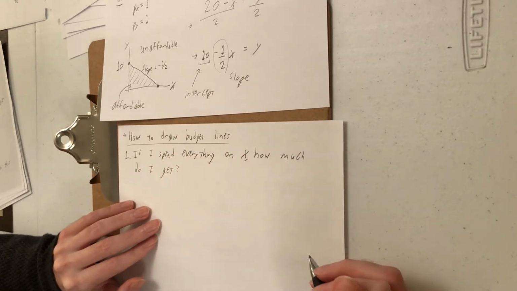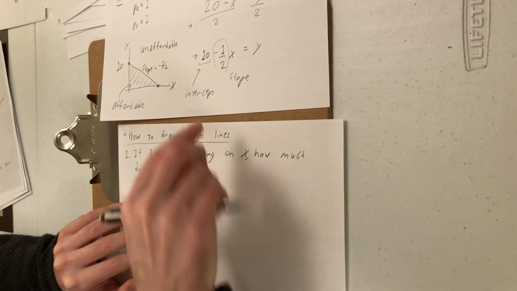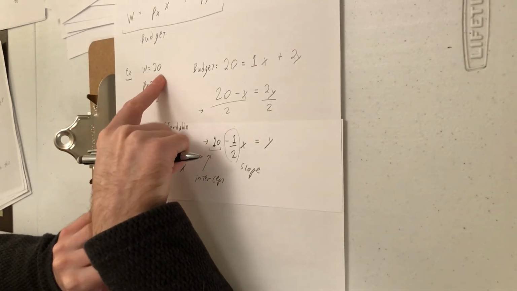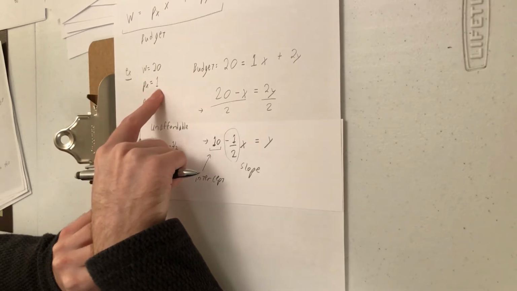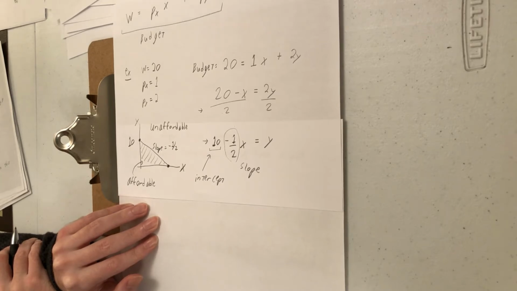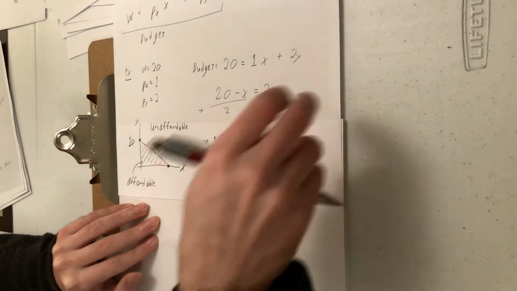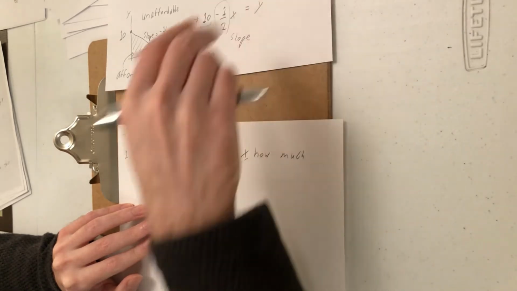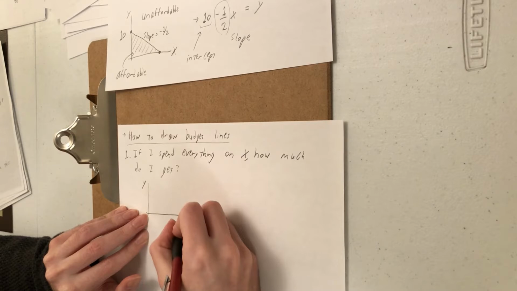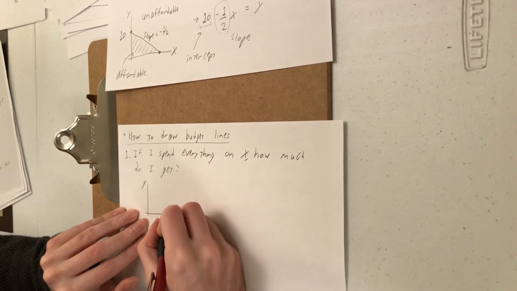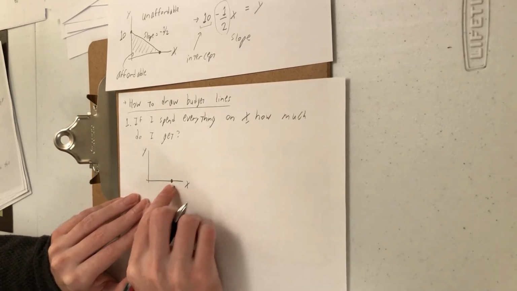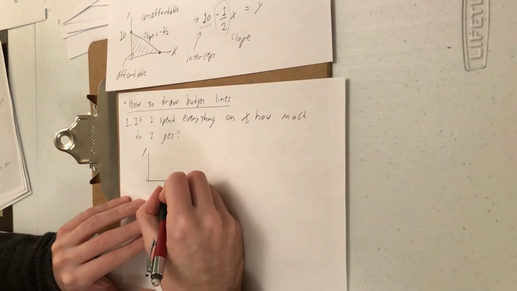So you plot this point on your graph. So in this case, our wealth was 20. The price of X was $1. So you could buy, at most, 20 X. So you spend everything on X.